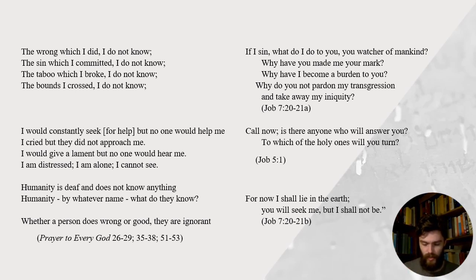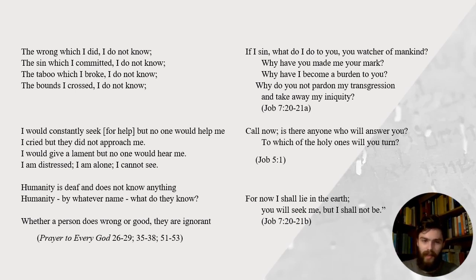No one will come to your aid because you're in the wrong, effectively. And we could also link that with the psalmist, which says, "I give a lament, I am abandoned, I have no hope, I cannot see," as well. Obviously, in the Psalms, there's the hope that Yahweh will redeem, and the psalmist always relates that fact. But I think in Job here, it's much more akin to the ancient Near Eastern perspective.